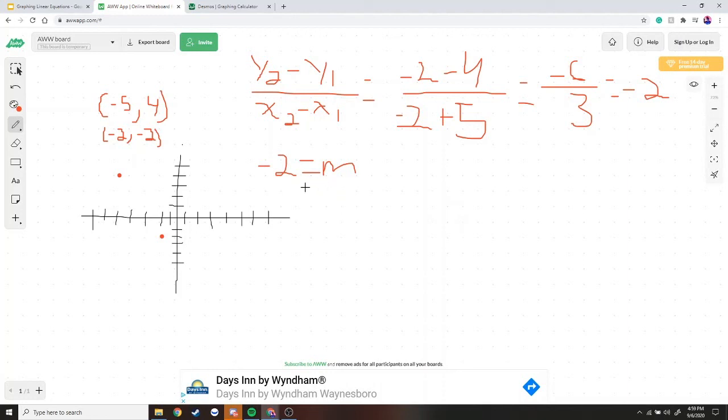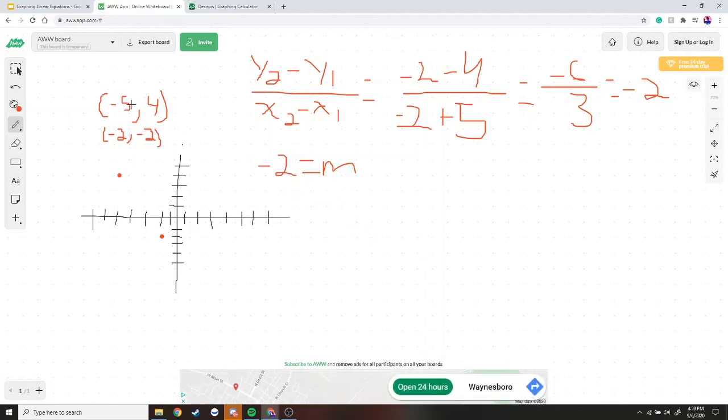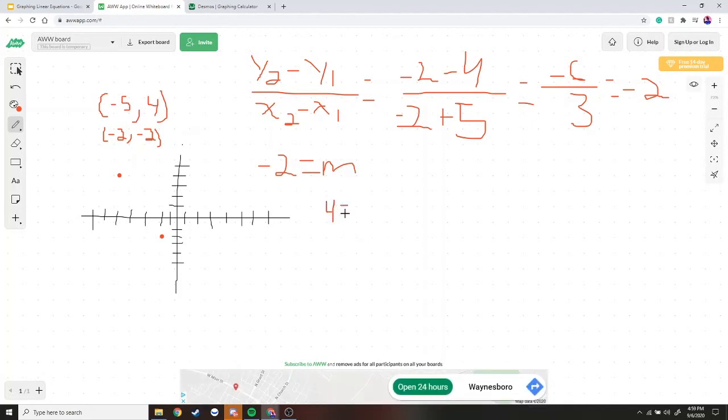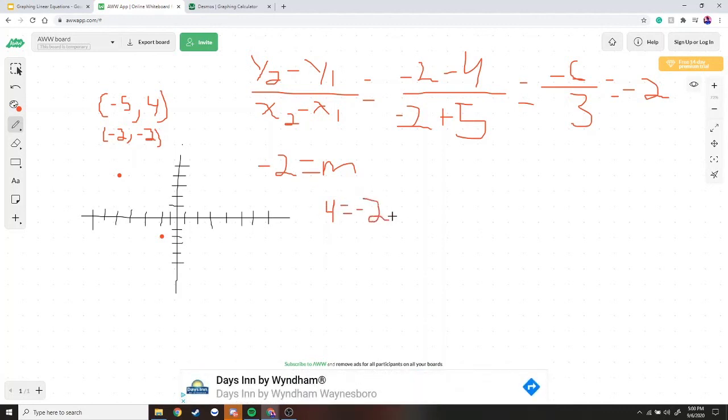Now we're going to have to choose a point and then use our slope to figure out our b value. So let's say we choose this point up here. If we plug in -5, we're going to receive 4 according to this function. So our y value is going to be 4. So 4 is equal to, our slope is -2. Now, typically you'd see x plus b, but again, we don't know our b value, but we do have an x.